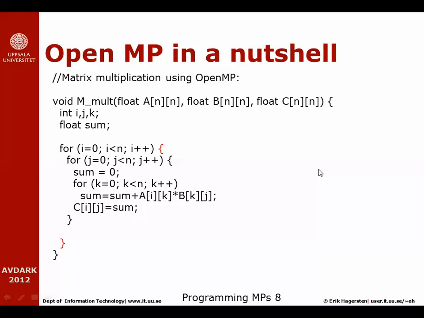All we have to do now to turn this into a parallel OpenMP code is to put in the pragma, saying the next for loop should be done in parallel. And by the way, make sure that you have local variables i, j, k, and sum, because here you're going to possibly create up to n parallel threads, because each time you run the outer for loop, we will possibly create yet another parallel thread that will do that job.